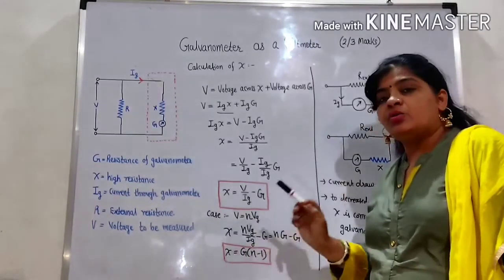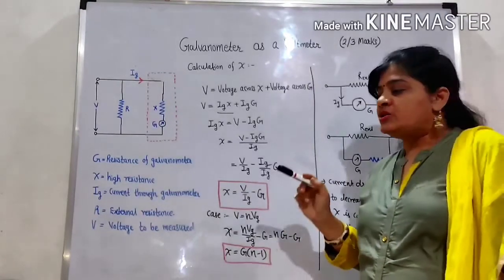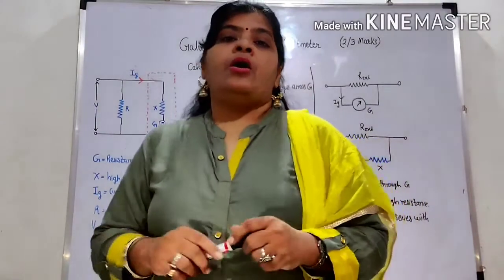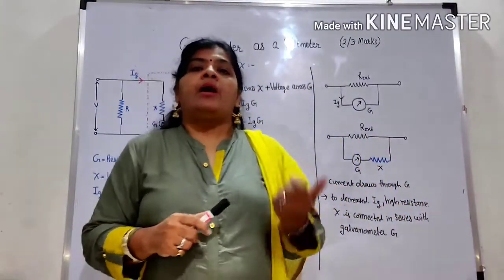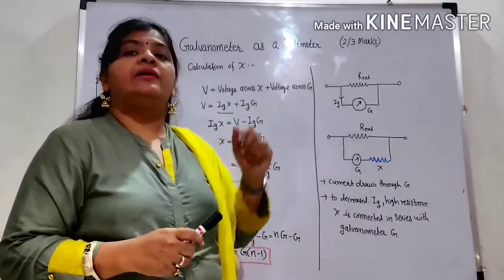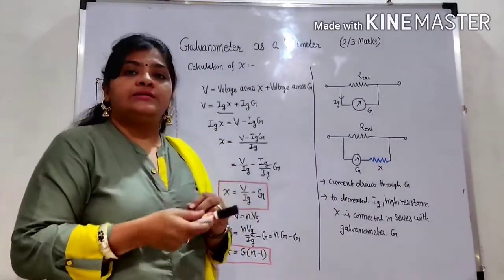Therefore, X is equal to G into n minus 1. This is the desired formula for the high resistance connected in series combination along with the galvanometer, and that's why the galvanometer can be used as a voltmeter.